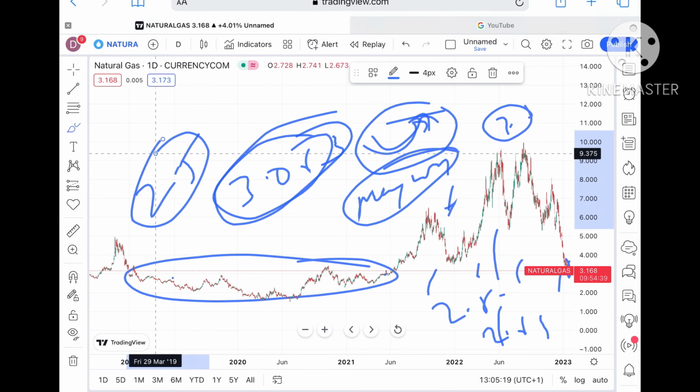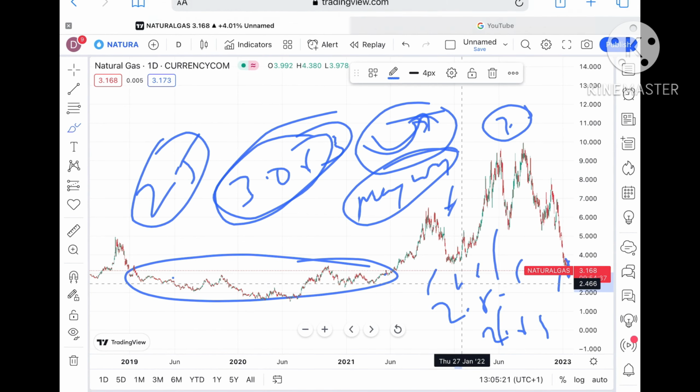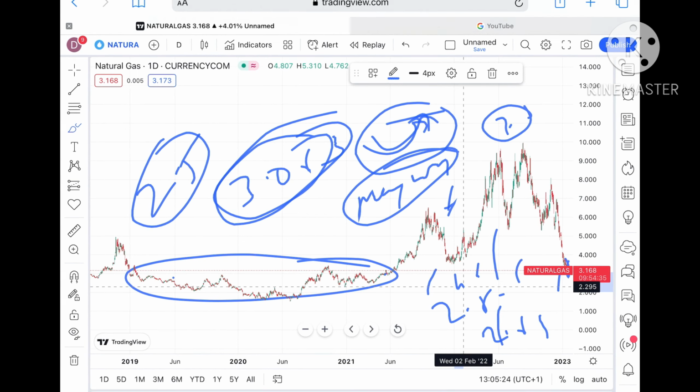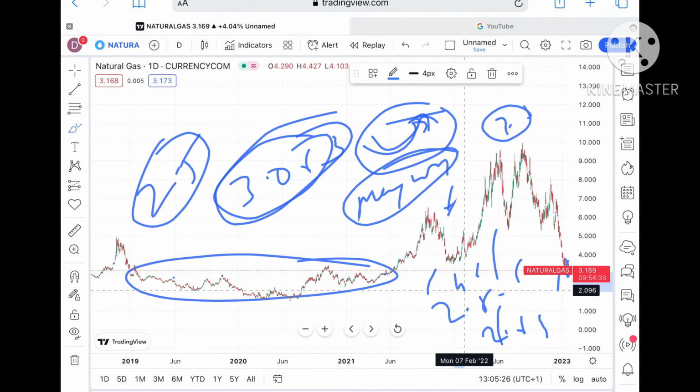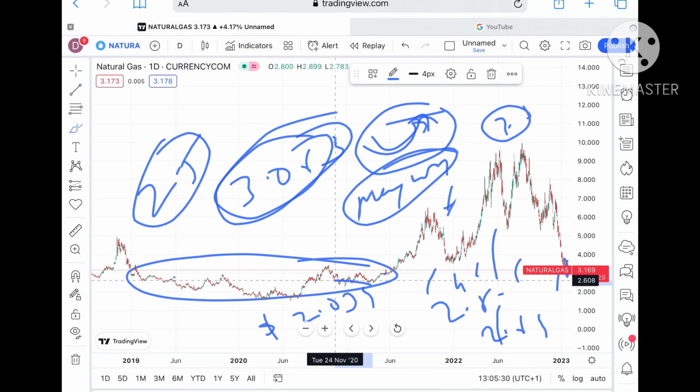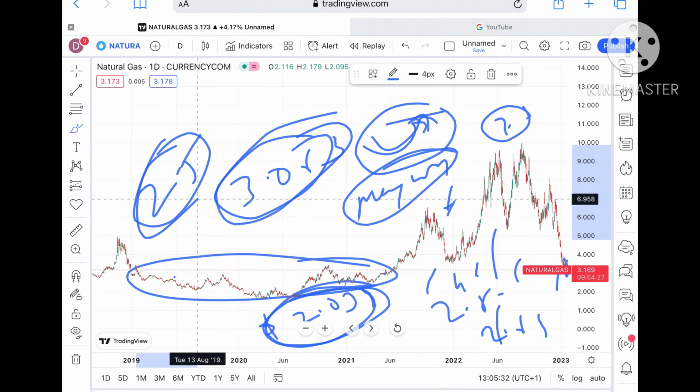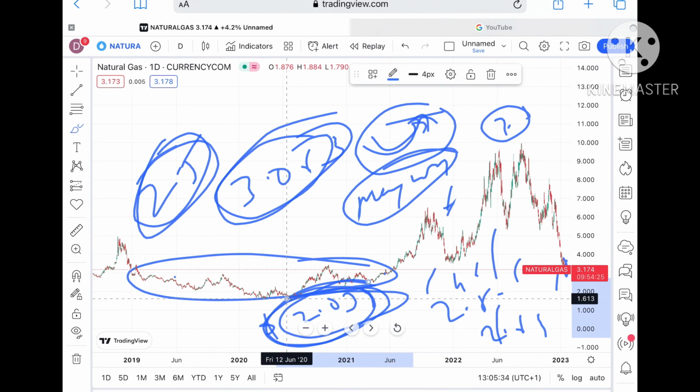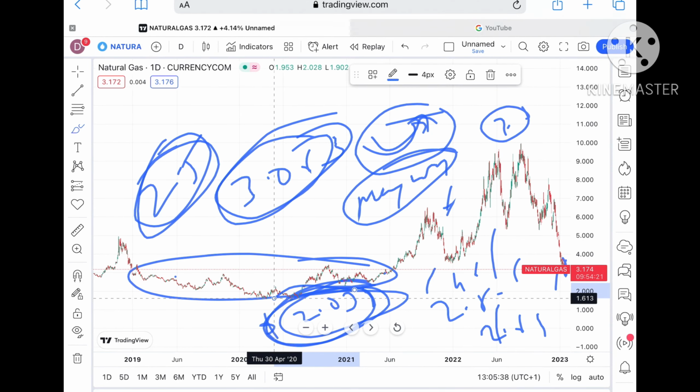Once the price falls below 2.5, then it can go further low, and a probability of touching $2.2 is there, and from there it can touch around $2.039. Once it moves below this level, chances of touching 2.039 are on the higher side, and once it moves below this level, it will fall further down.